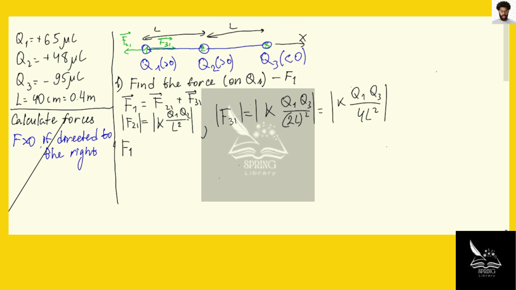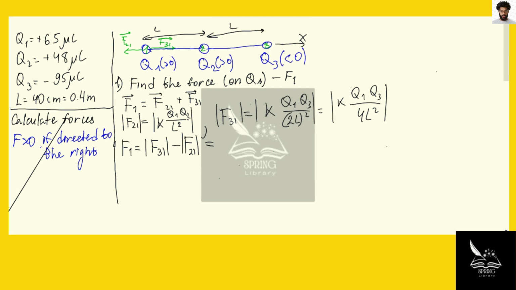So F1 equals the absolute value of F31 minus the absolute value of F21. By taking absolute values and placing a negative sign between them, we overcome possible error with the sign, and now our answer will be correct.